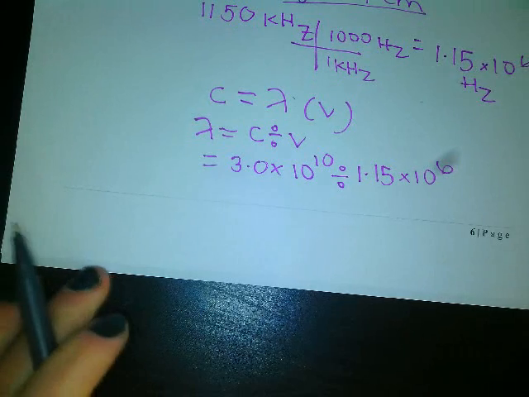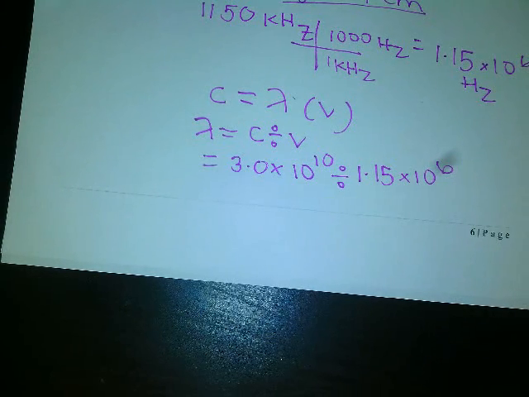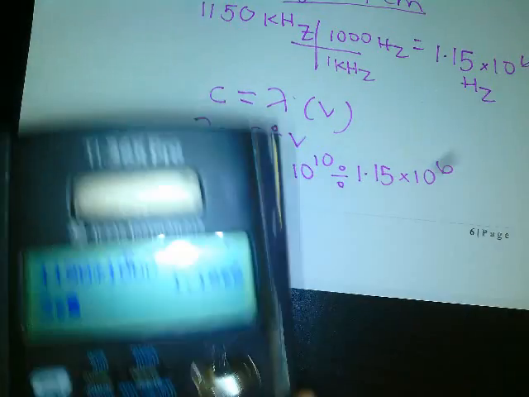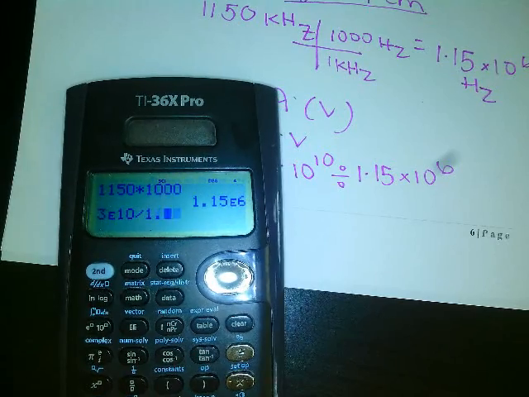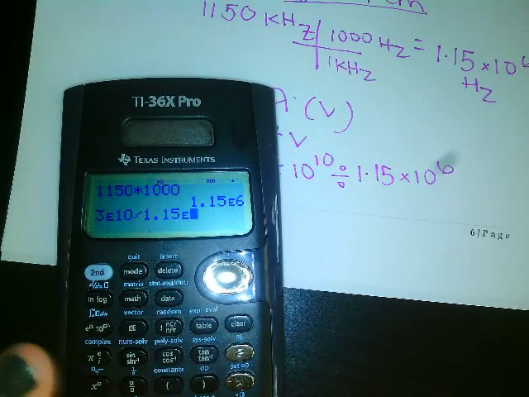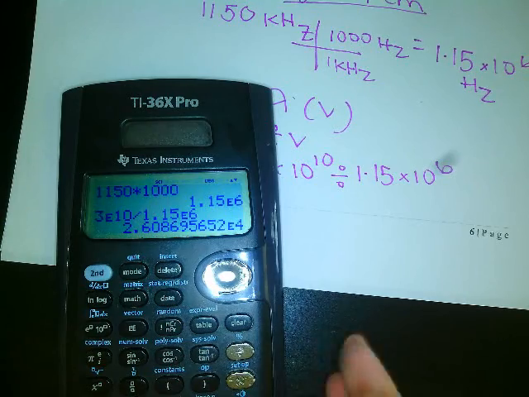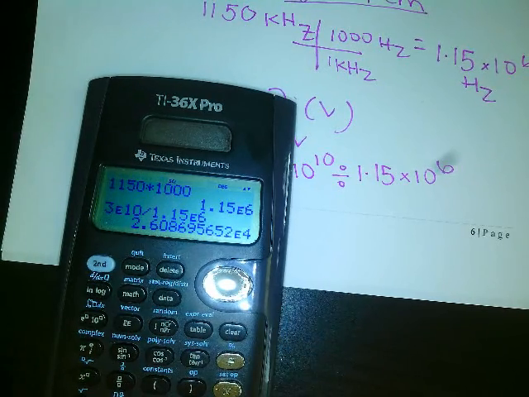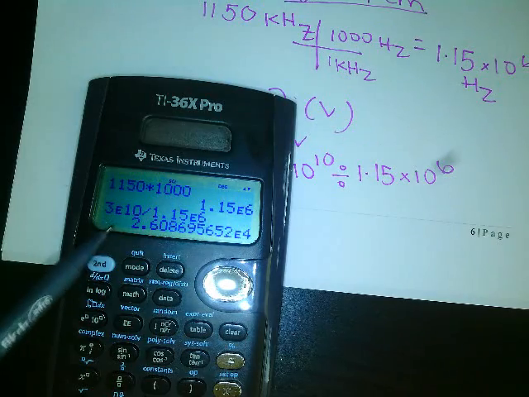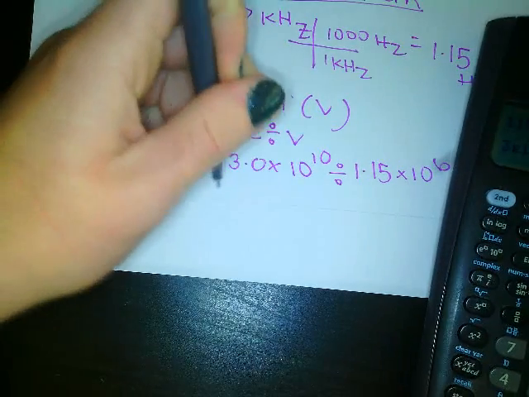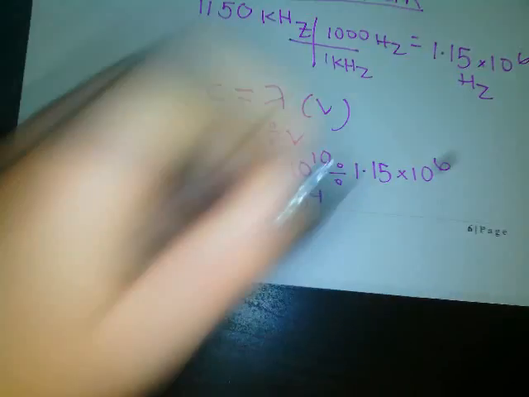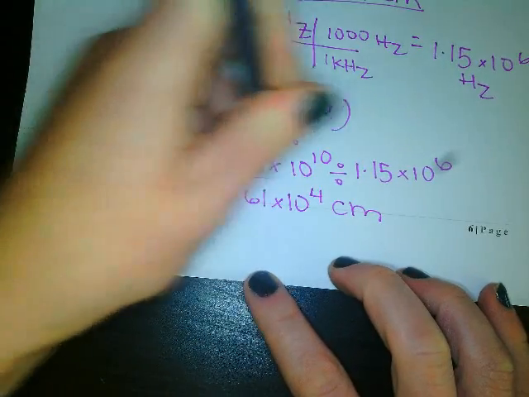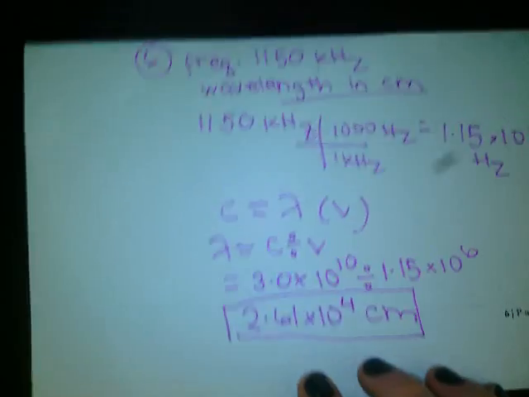Okay, so my final answer, the original one has 3 sig figs, so that's going to be 2.61 times 10 to the 4th. And my unit is centimeters. Once again, that is problem number 6.